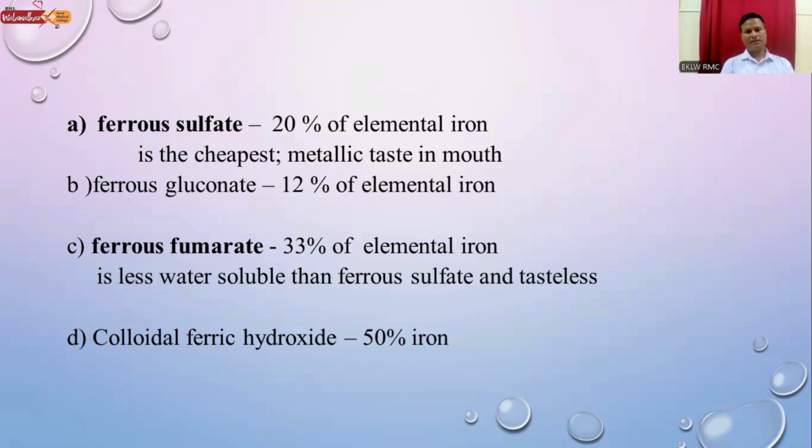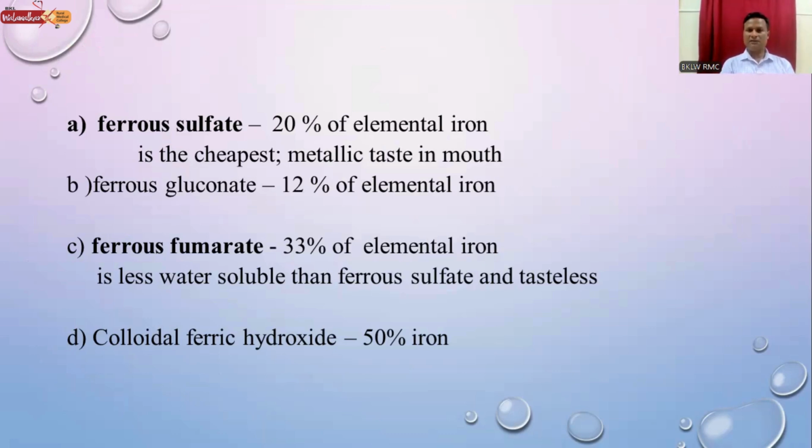The dry weight of ferrous sulfate in a tablet is more, for example, approximately 32%. Elemental iron is important because it is the iron percentage which is readily absorbed from the GIT and is available for absorption.